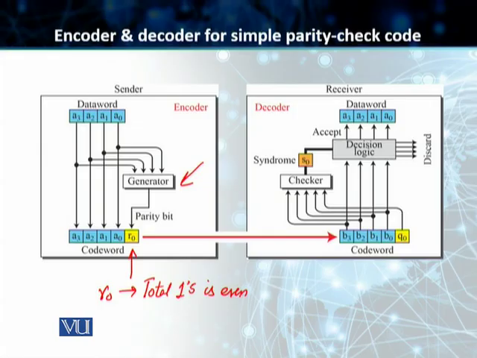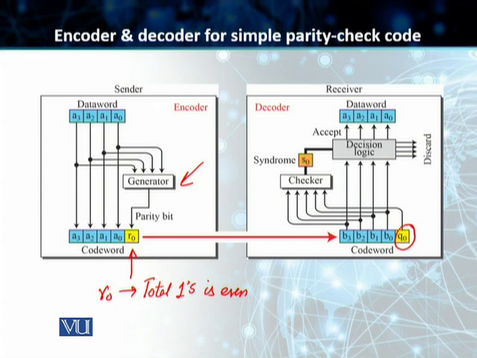Now, students, on the receiving side, let's suppose that our transmission is corrupted. Then, in this particular case, the receiver will receive a 5-bit word. And in this case, the corrector at the receiver does the exact same thing as the generator with one change. And that change is that the addition is now done over all the 5 bits.